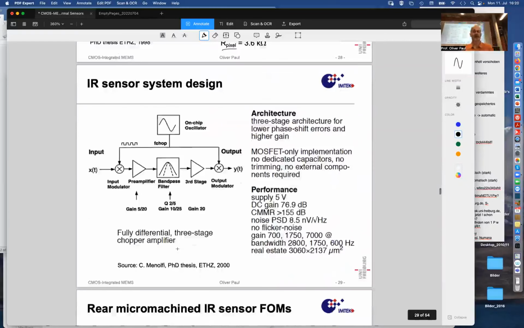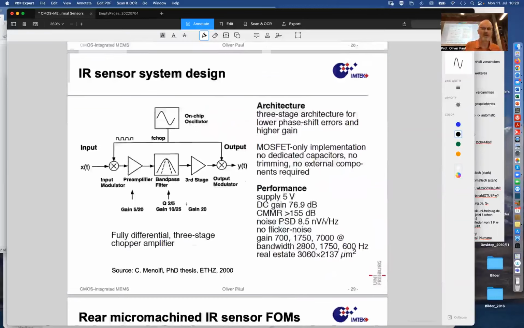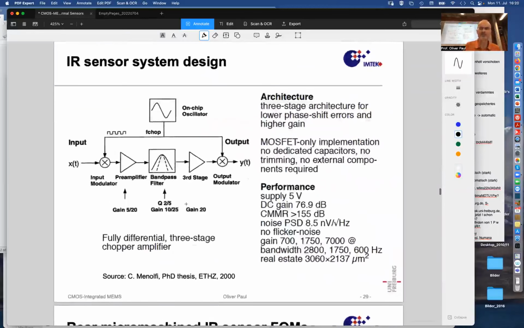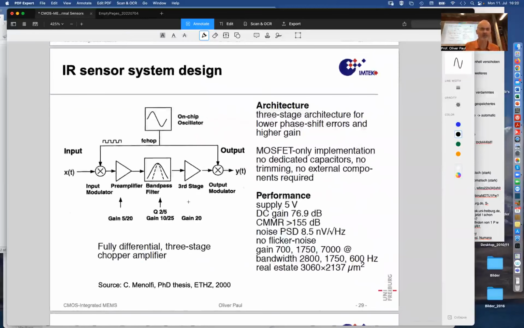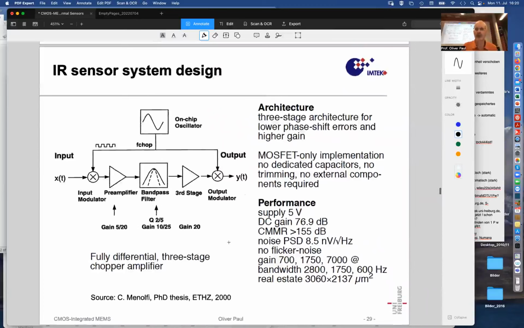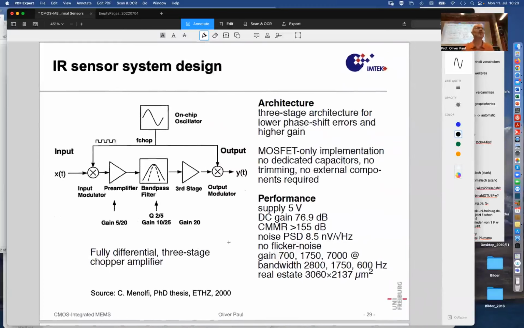So here's a schematic description of the circuitry that was implemented in that system. You may have had some microelectronic lecture, I don't know about that. Maybe it's no longer obligatory in the international masters. The German master students definitely have had some microelectronic lecture by Professor Manoli or Dr. Keller.